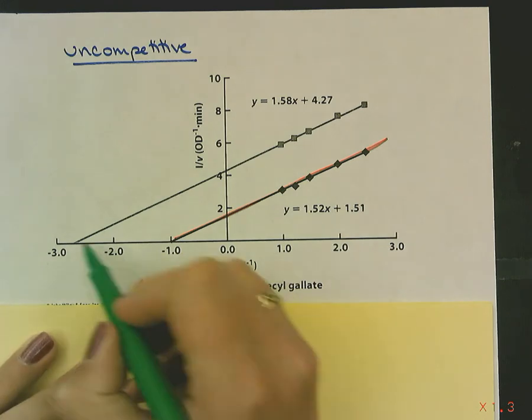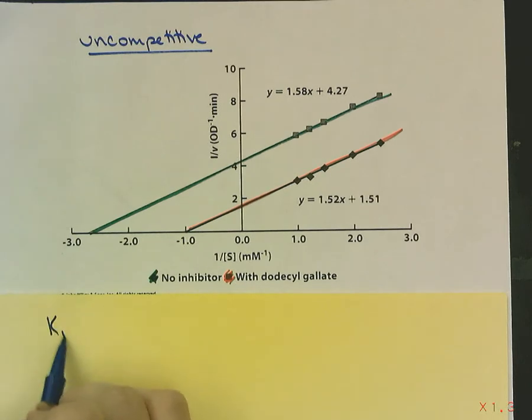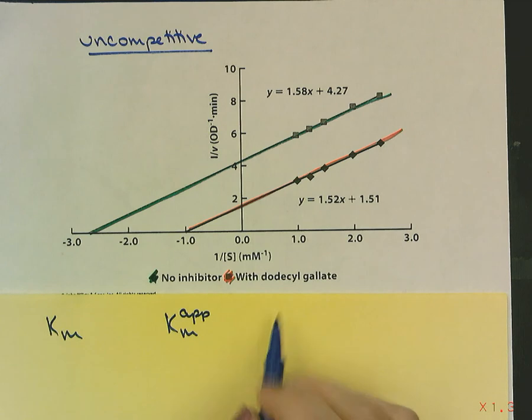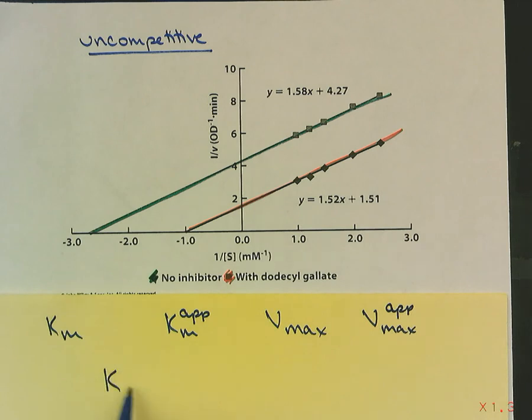All right, so let's look at this graph. For this graph, we want to determine Km, Km apparent, Vmax, Vmax apparent, and then we'll take a look at figuring out Ki.